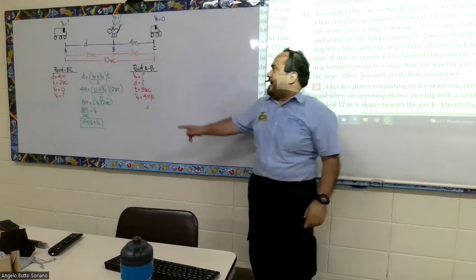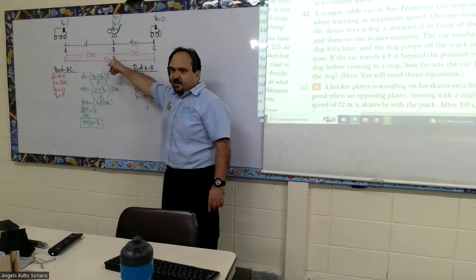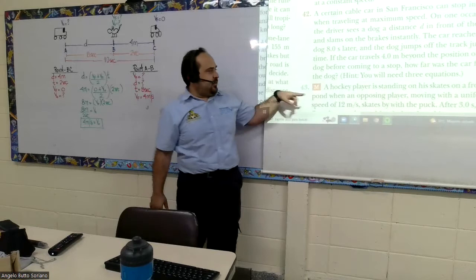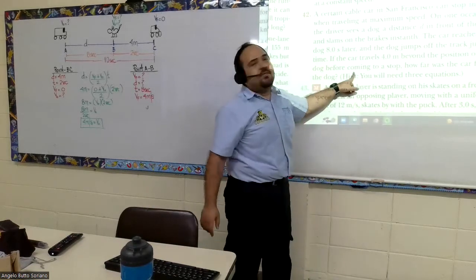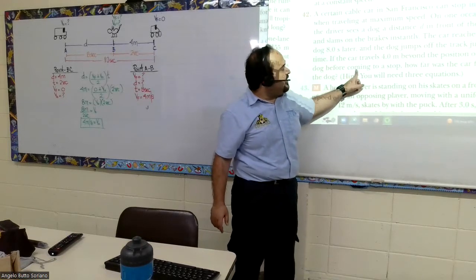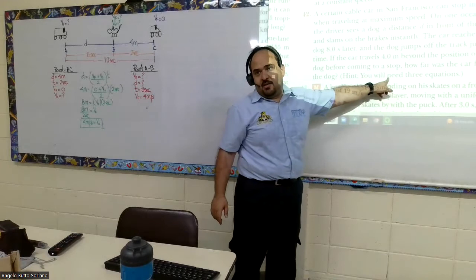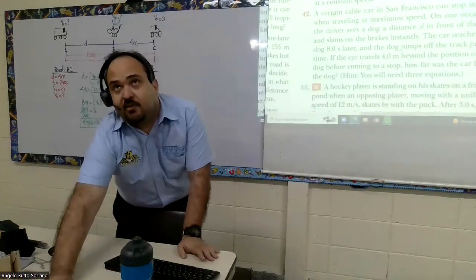What does that mean? Exactly at point B, the velocity cannot be zero. It stops just after 4 meters beyond the position of the dog, before coming to a stop. For that reason, the final velocity at C will be zero.